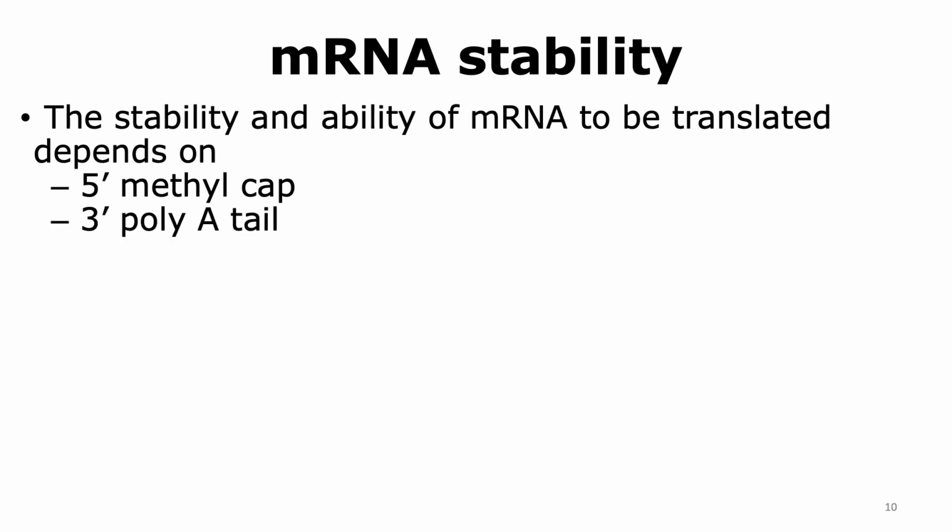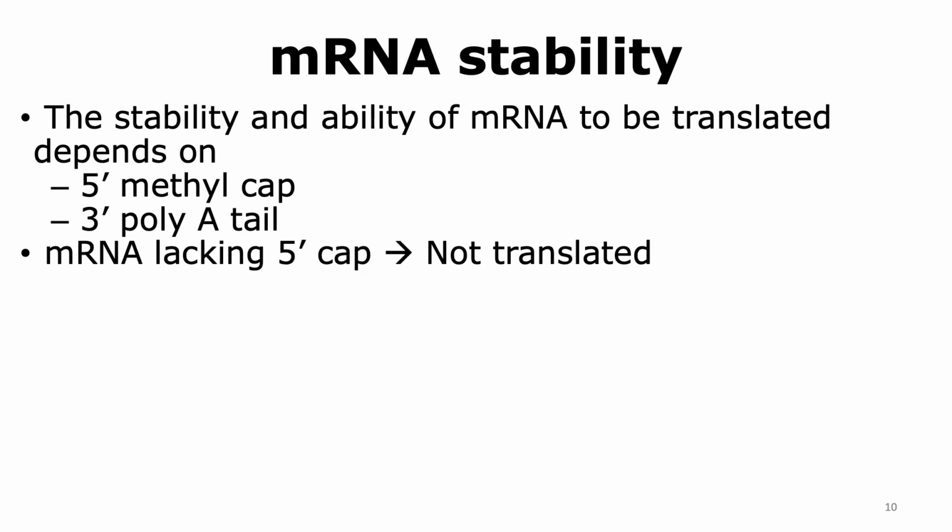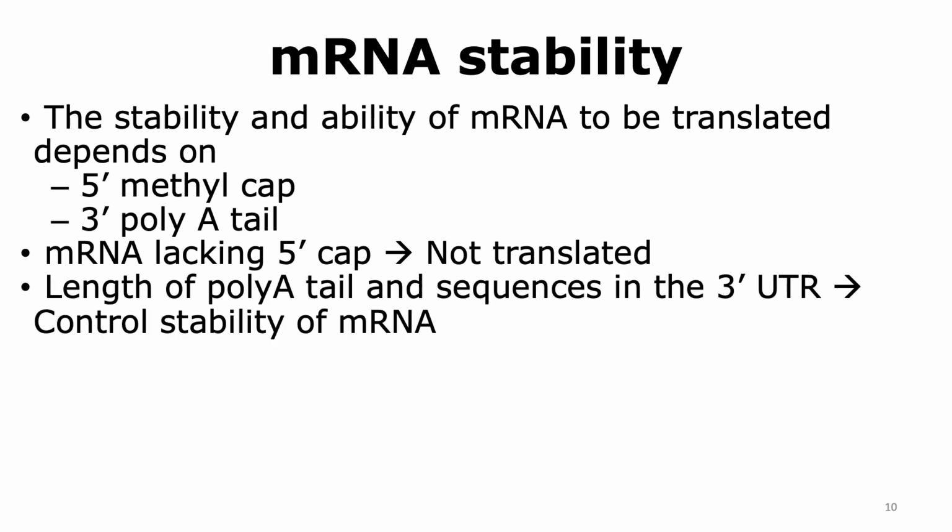There have been studies that have shown that mRNA that don't have that 5' methyl cap are unable to be translated into proteins. There are also studies that have shown that the length of the poly A tail that is added to the 3' end of messenger RNAs, as well as sequences in the 3' untranslated region, are able to control the stability of messenger RNA.